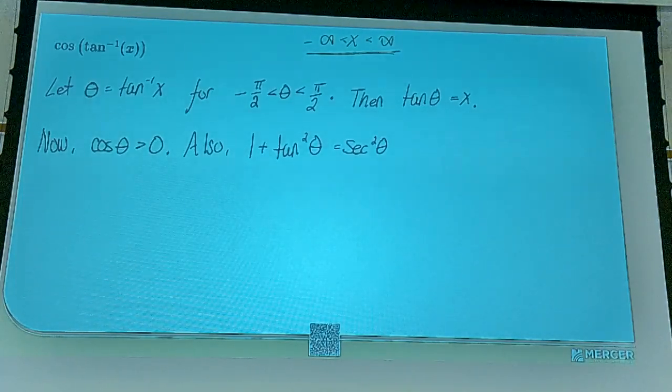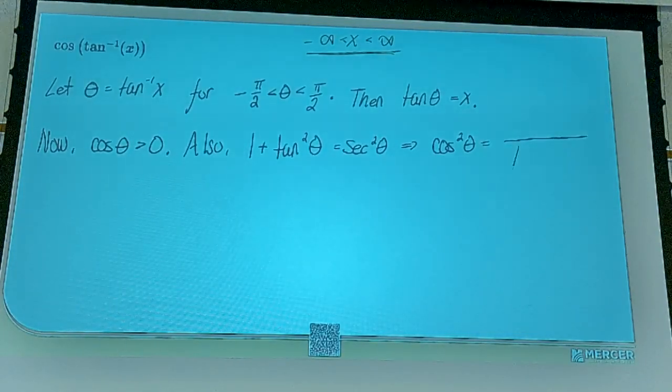But what is secant in terms of cosine? 1 over cosine, right? Which implies, take the reciprocal of both sides. Cosine squared would be 1 over 1 plus tangent squared.